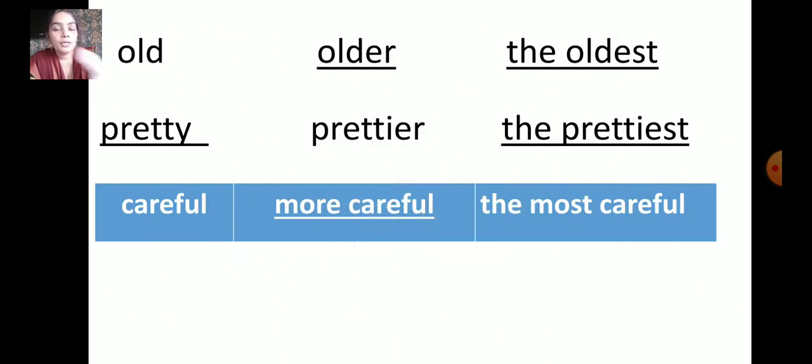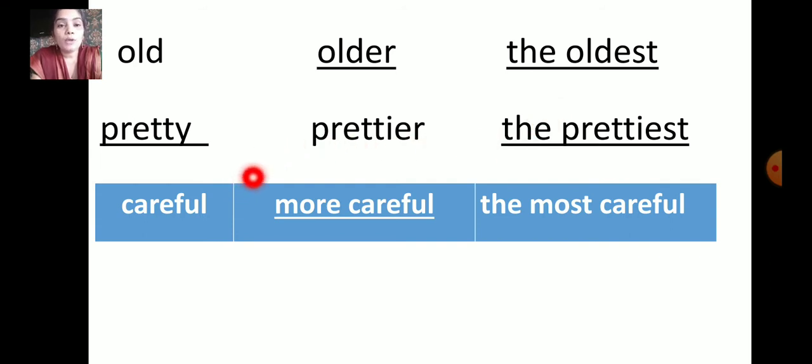Now here the degrees of comparison. So already we have learned this chapter. So monosyllable, disyllable, and more than 2 syllables also it is there. So the first one is positive degree, comparative degree, and the superlative degree. Here the dashes will be given anywhere.